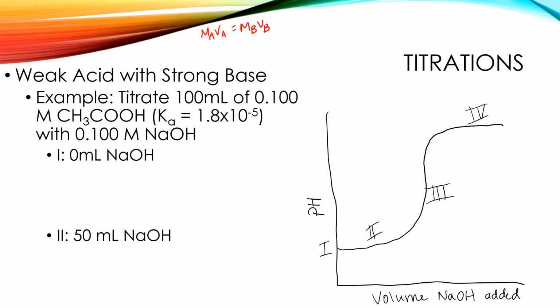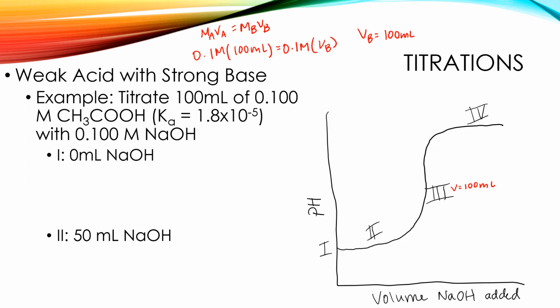The molarity of my acid is 0.1, and I have 100 milliliters of it. My molarity of my base is 0.1, so my volume of my base, of course, is going to be 100 milliliters. So at equivalence point, my volume is equal to 100 milliliters.